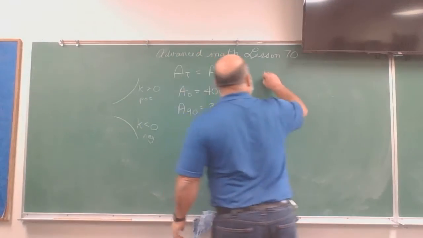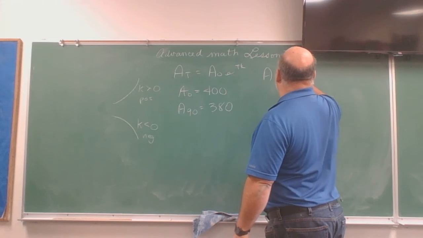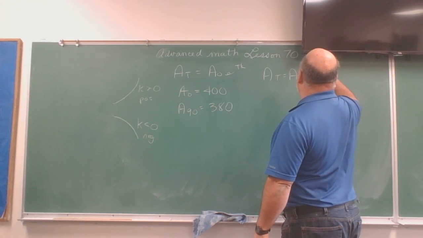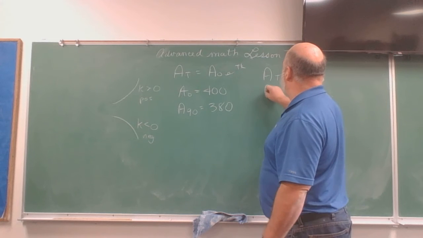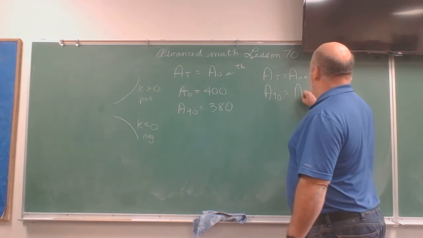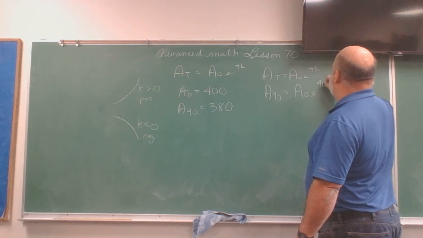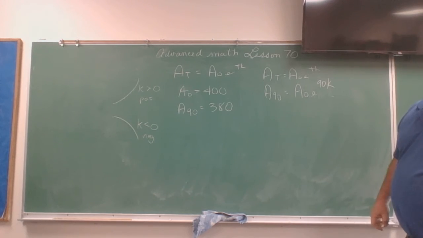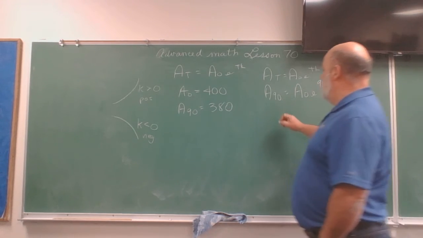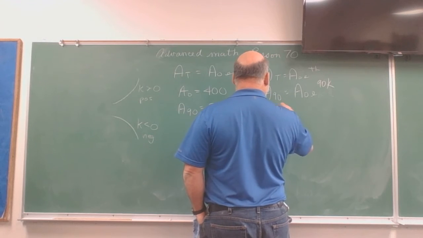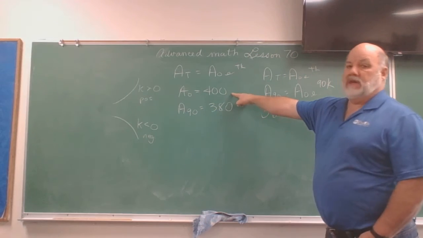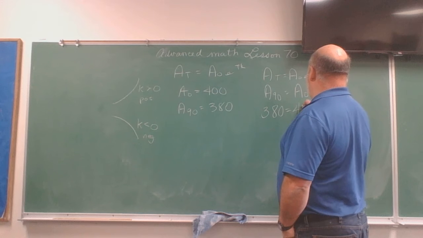So the amount at any time is equal to the amount at 0 e to the tk. Or in this case, the amount at 90 will be a sub 0 e to the 90k. My amount at 90 is 380. My amount at 0 was 400.